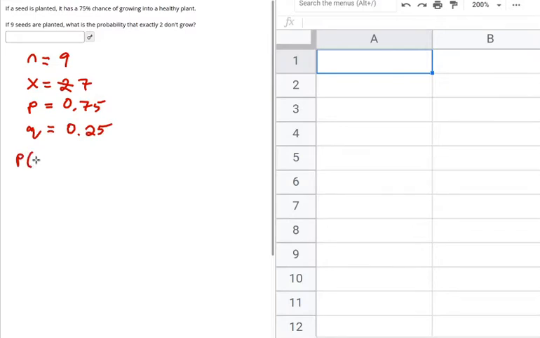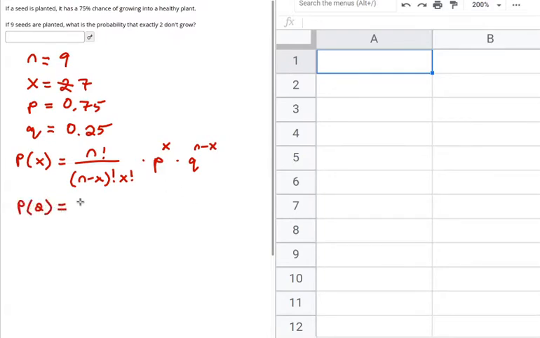So we know the binomial probability formula is given by n factorial over n minus x factorial times x factorial, times the probability of success to the number of successes power, times the probability of failure to the number of failures power, which is n minus x. So plugging all this in, the probability in this situation is going to be 9 factorial over 9 minus 2 factorial, or just call that 7.